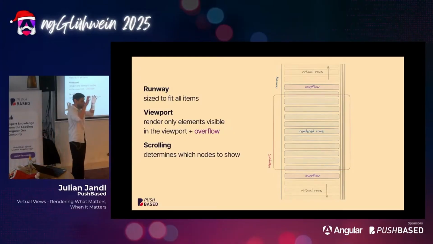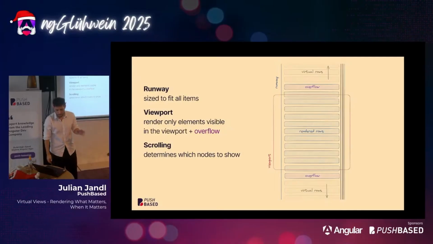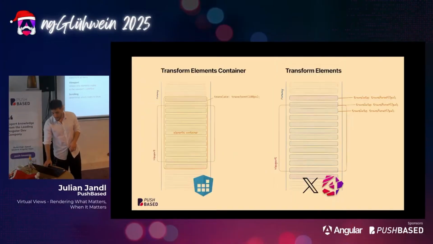You just define a viewport that just moves across the page while the user scrolls. You have a runway that should be sized correctly, like how many items you have. You render 100 items, so your runway should be as large as 100 items, otherwise scrolling gets difficult. Yeah, and whenever the user scrolls, you recalculate what items you need and just display them and hide the other ones. That's kind of the concept behind virtual scrolling.